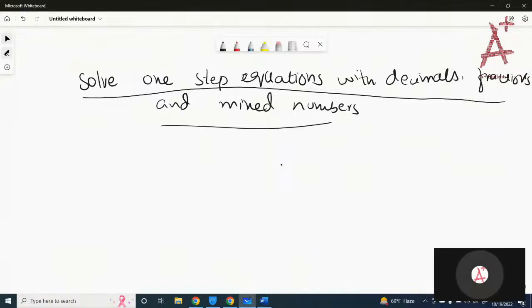So the first example is solve for b, and it is b plus 1 by 4 equals 6. Got it? So you have to find the value of b only. So just subtract this 1 by 4 to the other side because the opposite of addition is subtraction. So you have to find the value of 6 minus 1 by 4.